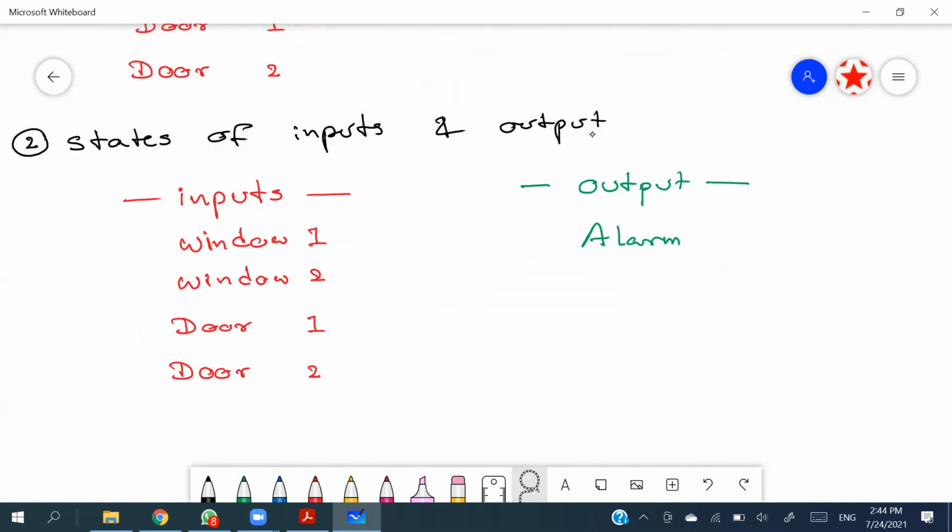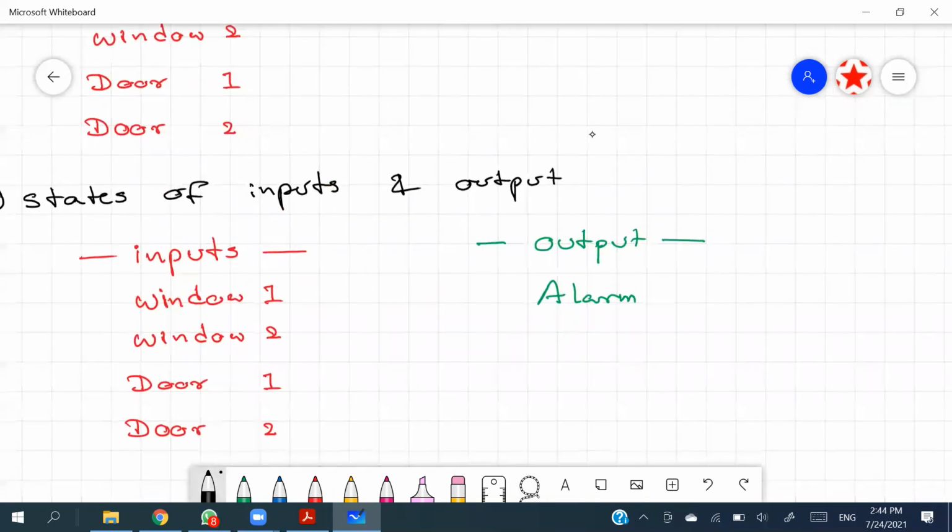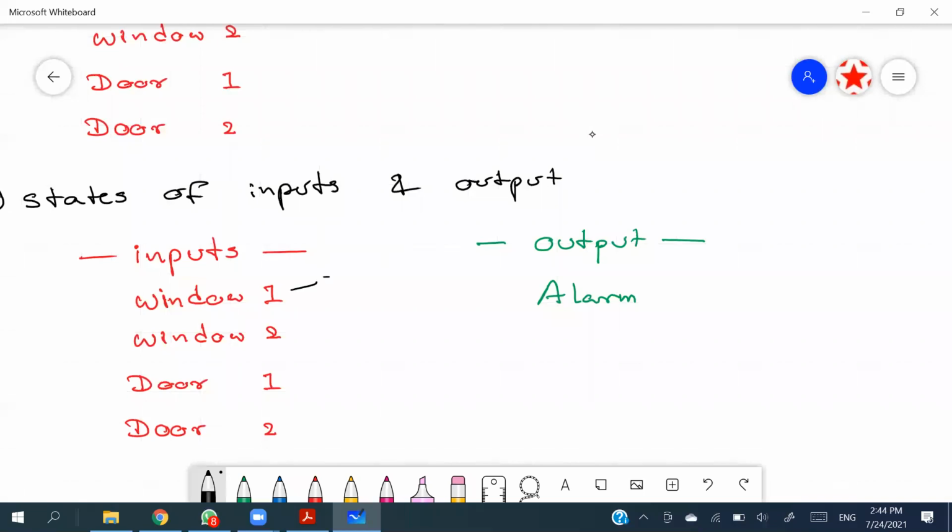Right, so when it comes to the states, if it is open, it indicates 1. If it is closed, it indicates 0. And how are we going to take these things? From the scenario. If it is open, it is 1. If it is closed, it is 0.